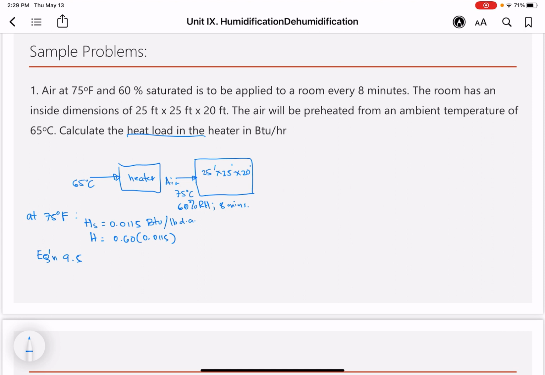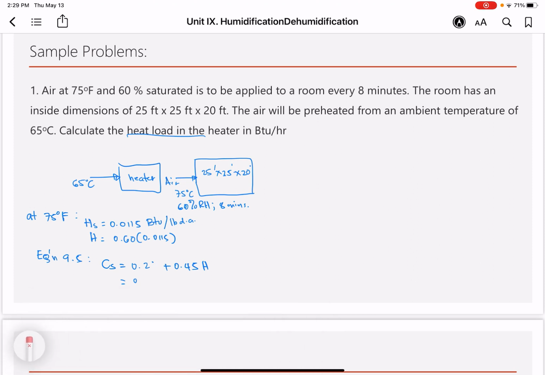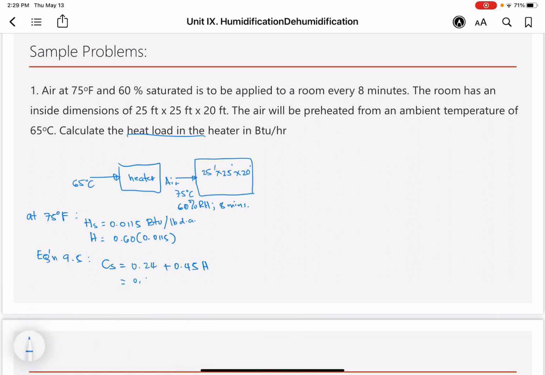CS is given using equation 9.5, C sub S, or in English units, 0.24 plus 0.45 of your H. Sorry for that, this is actually 0.24 plus 0.45 of a 60% of 0.0115.